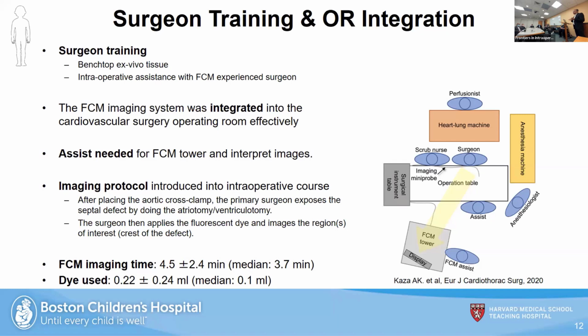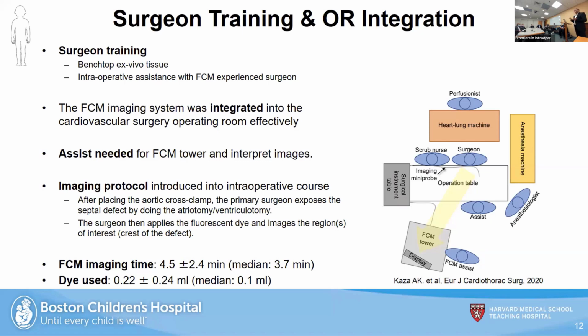There was an imaging protocol put in place for doing the FCM imaging. This was done usually right after the cross clamp is placed and the patient is on bypass, and the primary surgeon exposes the septal defect where they plan to do the imaging, after the atriotomy in the case of VSD or AV canal cases, or the ventriculotomy in the tetralogy cases.